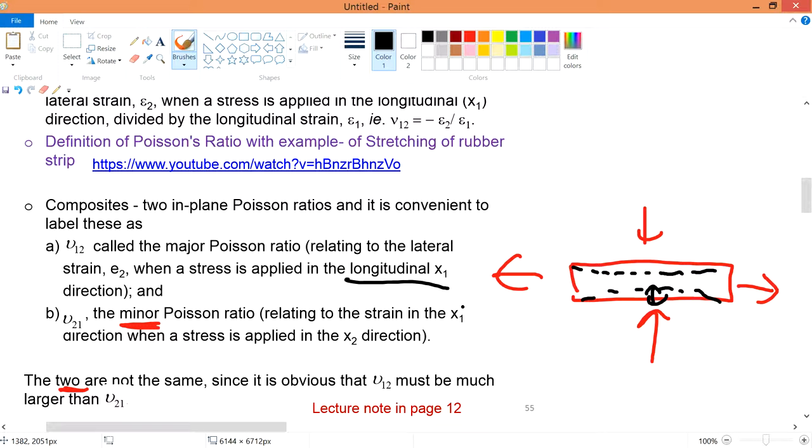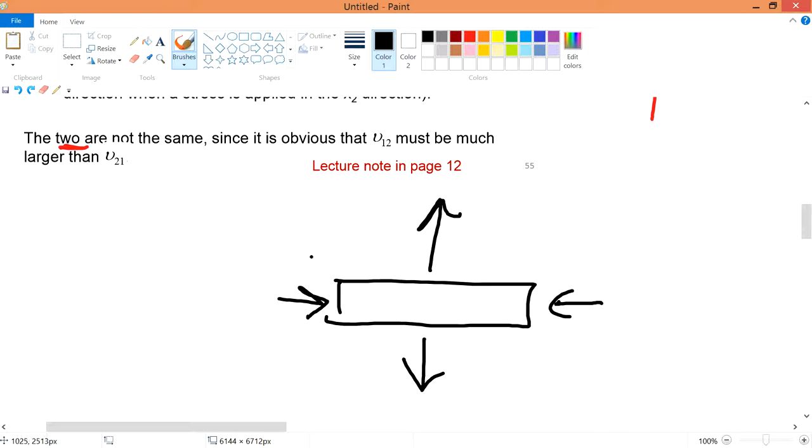Previously, you applied in this tensile direction and the compression goes here. Now if I go in the opposite way, this one is being pulled while this thing over here is being compressed, then you think about it, this is much lesser. The one that is being compressed is really very little.